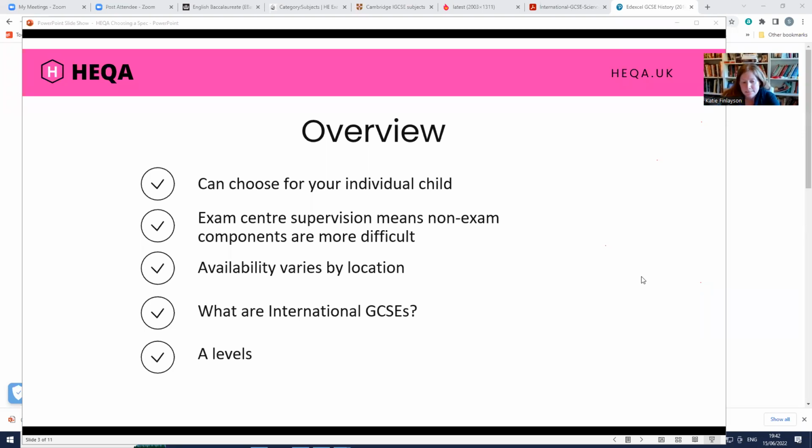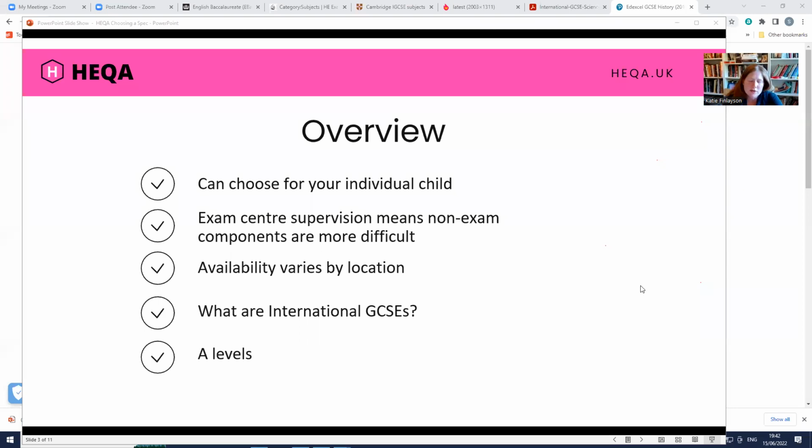Very recently, Edexcel, who are one of the main boards, have introduced their international A levels into the UK. It used to be that you could only do the UK A levels from Edexcel here, and they had international A levels that they offered abroad, but not in the UK. For about the last year, I think, you've been able to sit those international A levels at particular centres within the UK.